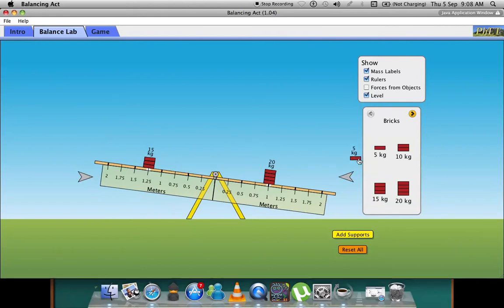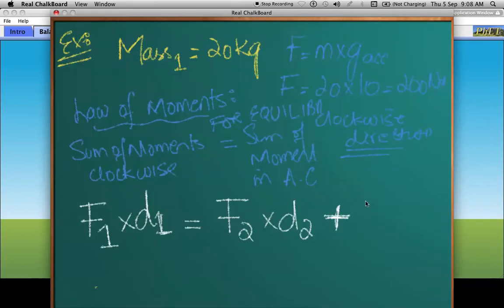So there will be one more force. So I will have to add the moment associated with that force to our equation if we need to balance this. So that would simply become the force associated with that mass, F3, times its distance from the pivot, which would be D3.